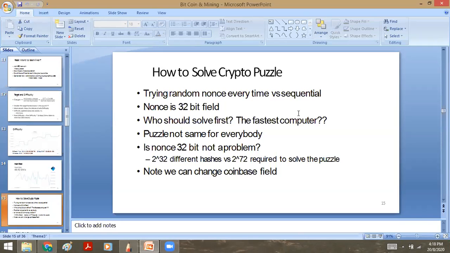So the next node which solves the puzzle will get the opportunity. So how will you know who solved the puzzle first? That is where forking comes. I'll explain soft fork and hard fork. There are two types of forks. I'll discuss them in coming slides.